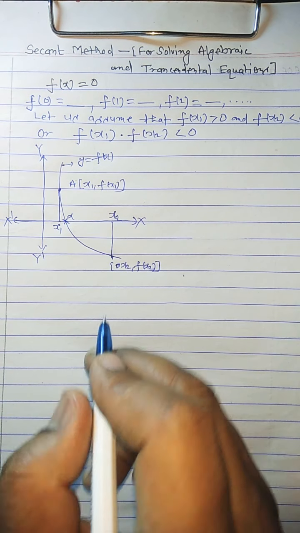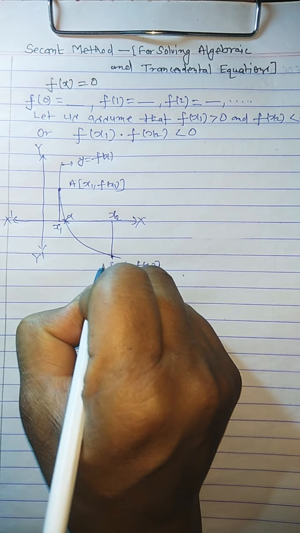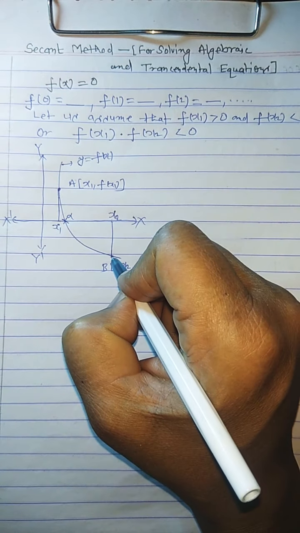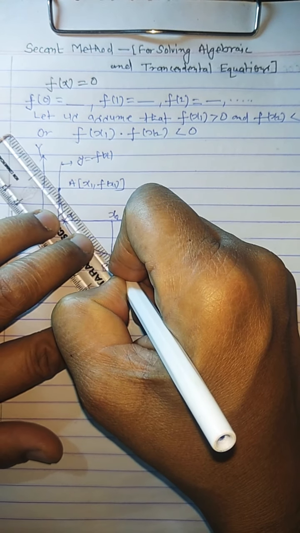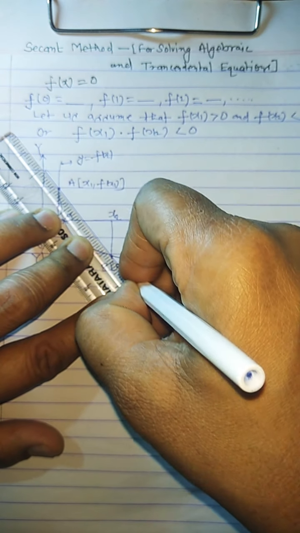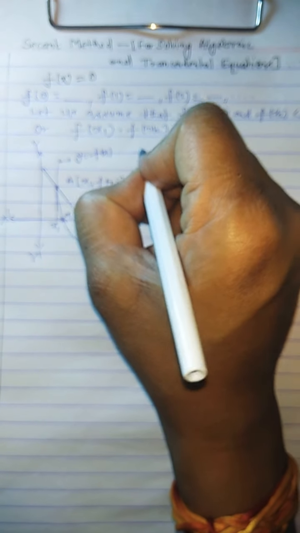We have to find this root. Here, first we find the equation of the chord joining these two points, the line AB.